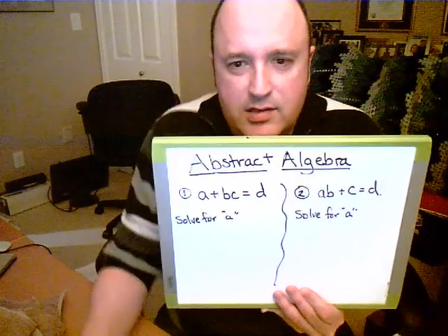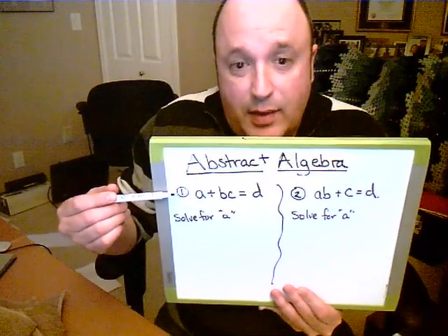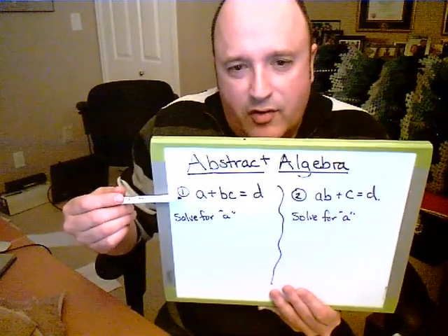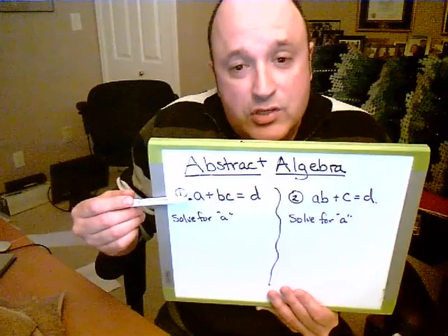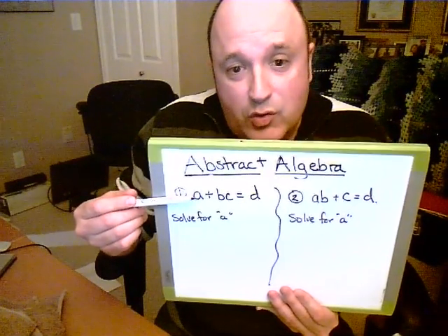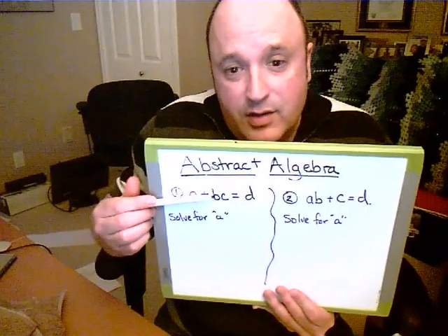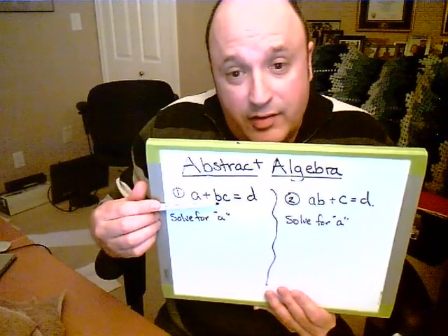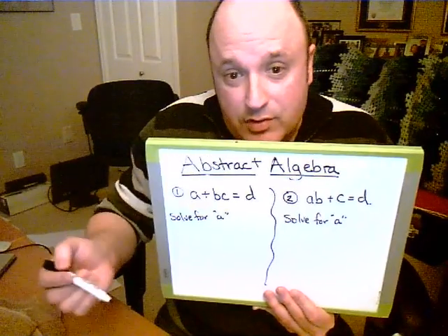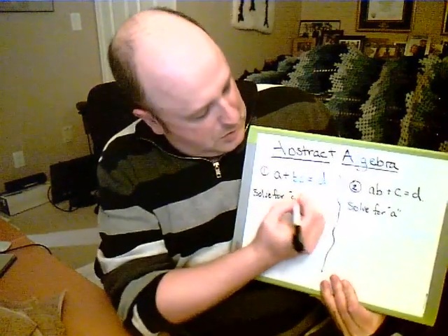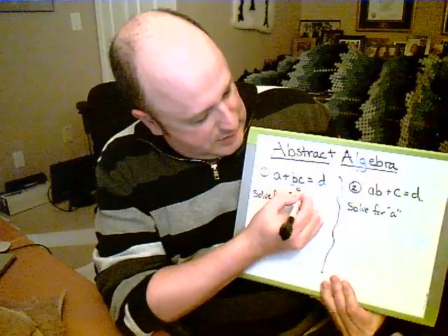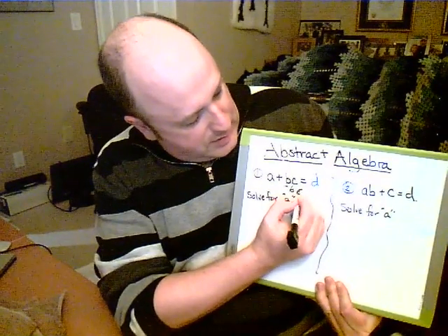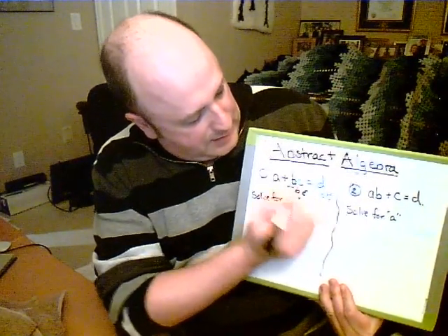So in the first case, a is not by itself, but it doesn't have any coefficients or anything multiplied by it. So in order for me to isolate it, I just have to get rid of the b plus c as an entire entity. So I group them together and I subtract them from both sides, right? So minus bc to this side, and minus bc to that side.